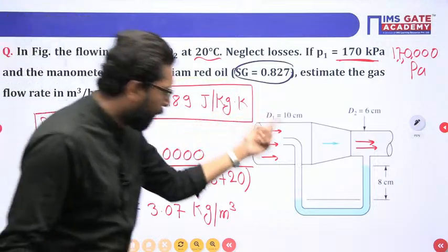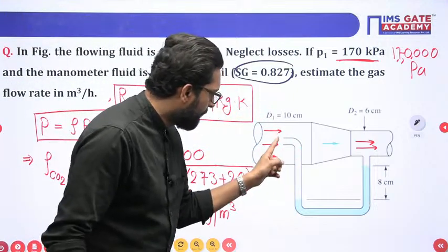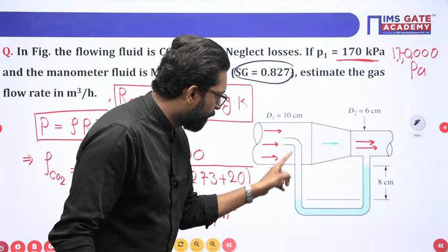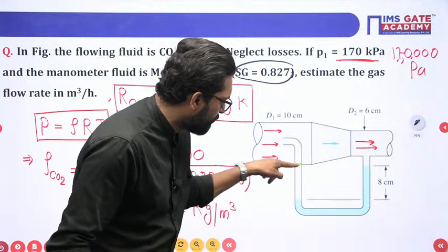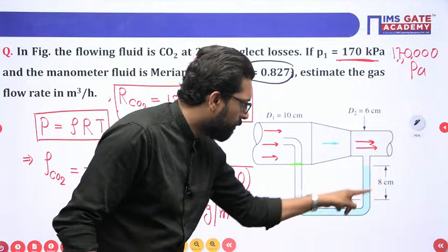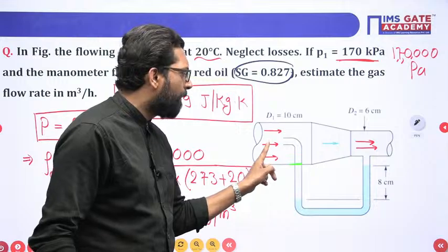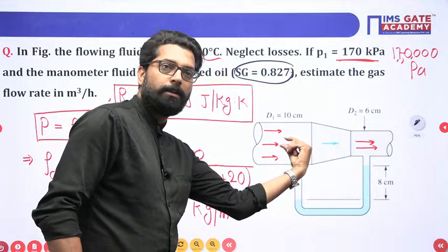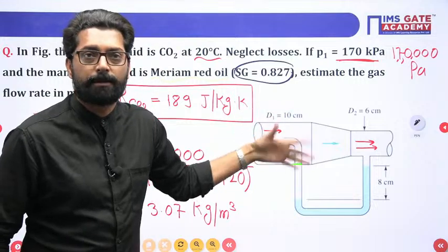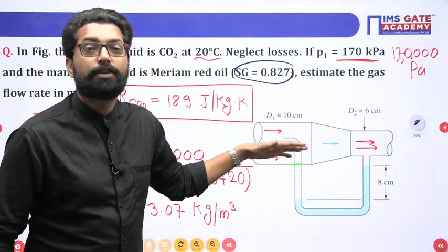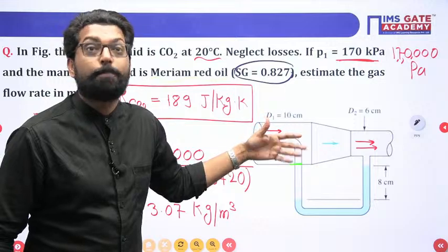If you are confused, see, if there is a manometer, only this portion is there. But if it is inserted in the flow and the mouth is opposite to the flow, that is your piezometer, not a Pitot tube.